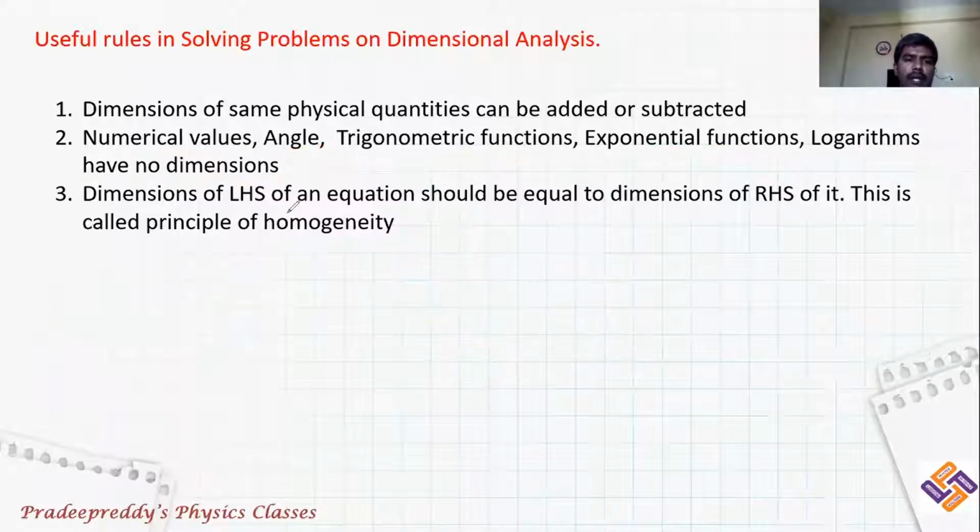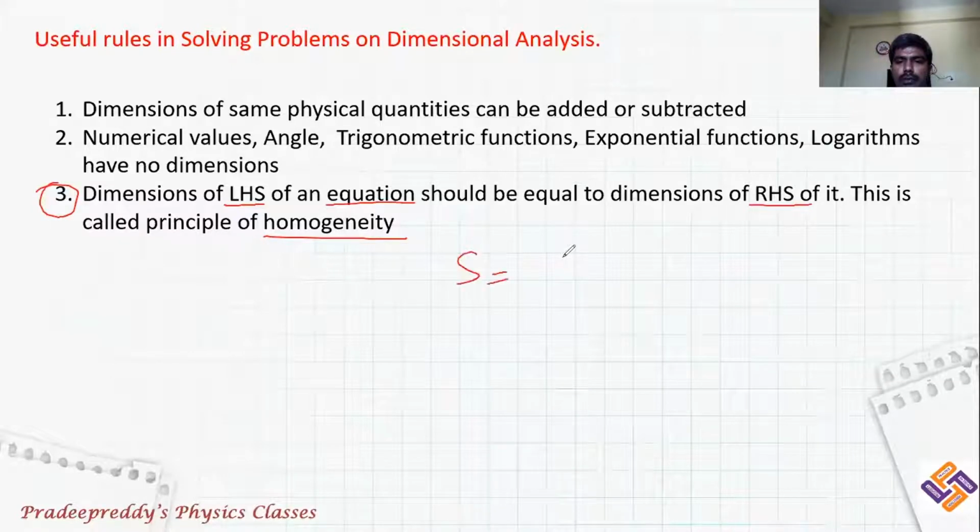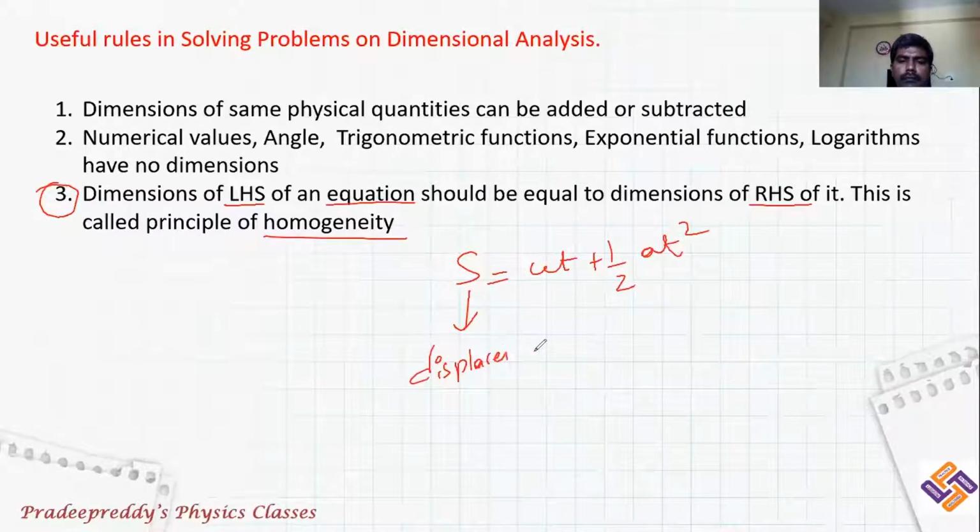And number 3, dimensions of the left hand side of an equation should be equal to dimensions of the right hand side of it. And this principle is called homogeneity. Say, for example, S is equal to ut plus half at square. What is S? S is displacement, and displacement has dimension L, because it is length.